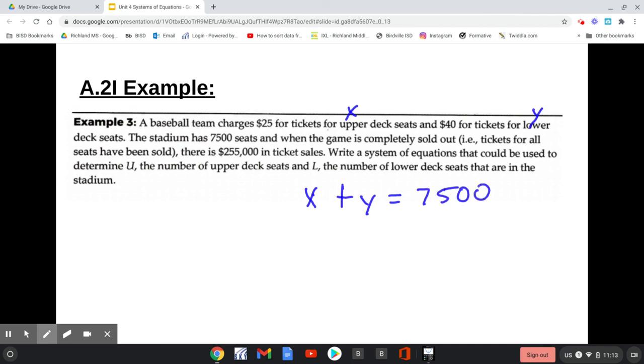And then we know the cost is 25X plus 40Y equals 255,000. If you were just selecting the system of equations, this would be your answer. If they were wanting you to solve the system of equations, you would need to put this in y equals mx plus b form. And since they're just saying to write the system, that's all we're going to do.